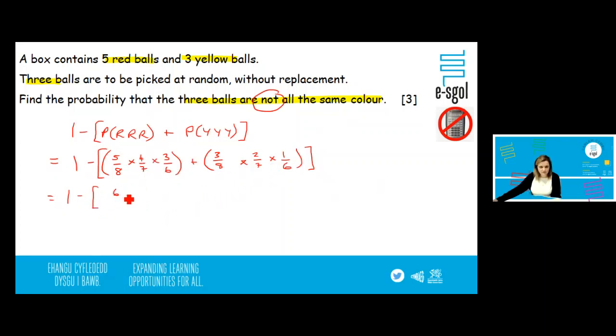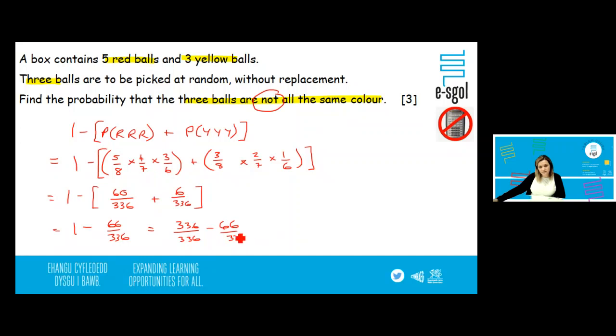So the left-hand one is going to come to 60 over 336, and the right-hand one is 6 over 336. Okay, you're going to add them together, so we'll have 66 over 336. Now, when you subtract from 1, this is a non-calculator question, okay? You can do it in various ways. One of the options is count up from 66 to 336 to see your gap. That would be your numerator. Or some people prefer to turn this 1 into a fraction, so 336 over 336, take away 66 over 336.